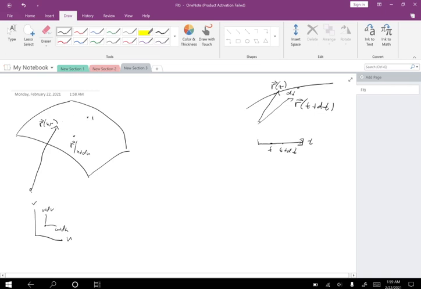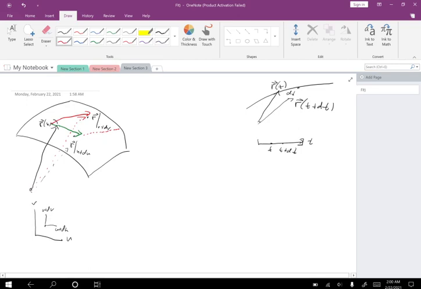Who knows what it looks like, but it'll be somewhere when we increment dv. And there will be two associated vectors with these points. And we're interested, of course, in those displacement vectors. Right? Because that gives us a parallelogram.